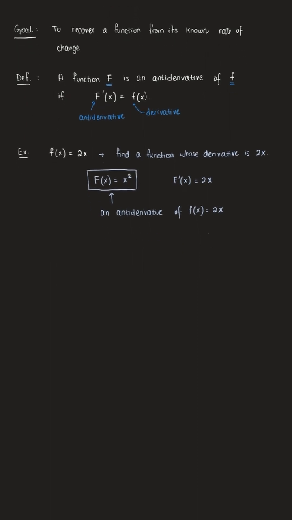And so the question for us now is, are there any others? Are there any other functions whose derivative is also 2x? Think about that. Your answer might have been yes, there are. For example, we could have x squared plus 8.